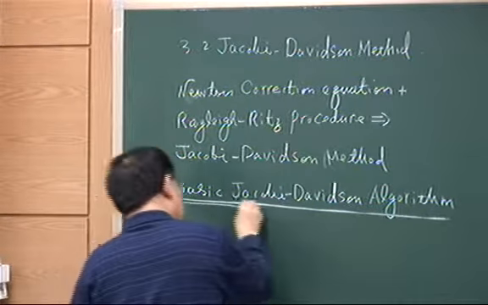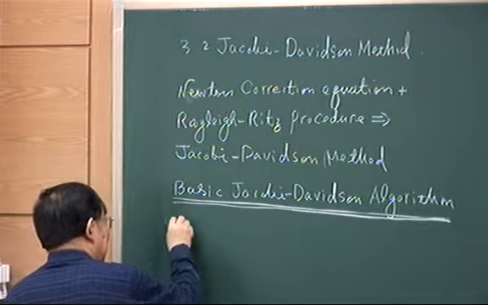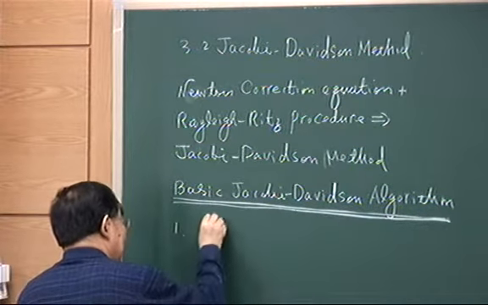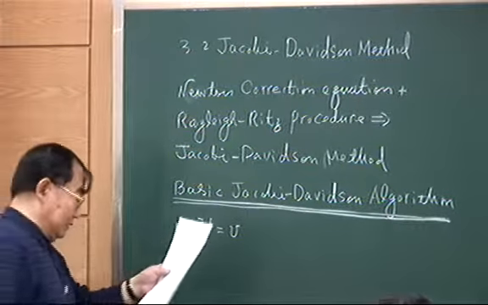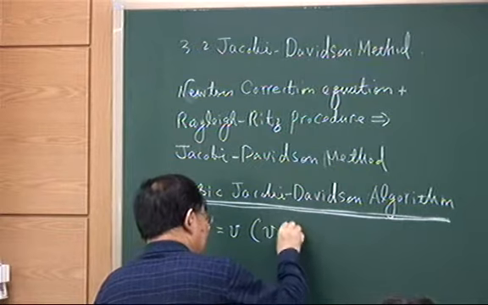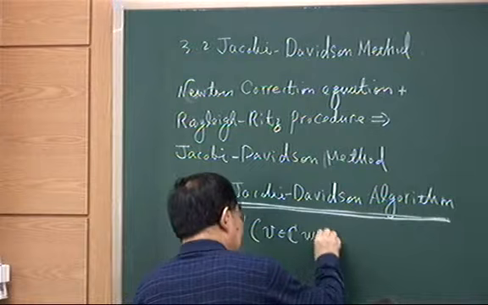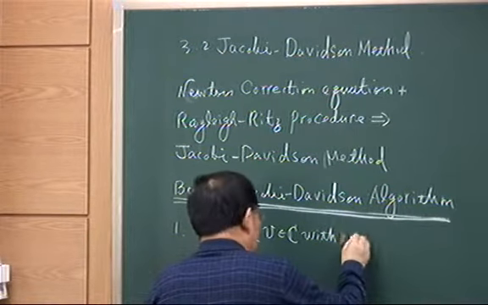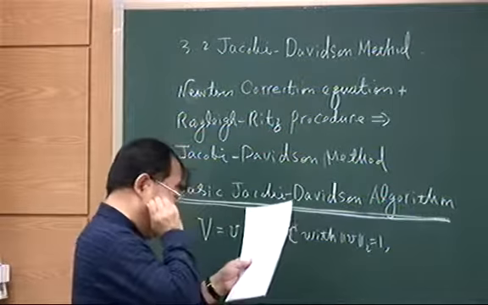We have the first step: matrix V is just equal to a vector, V belongs to C^n, with the value V equal to e1.